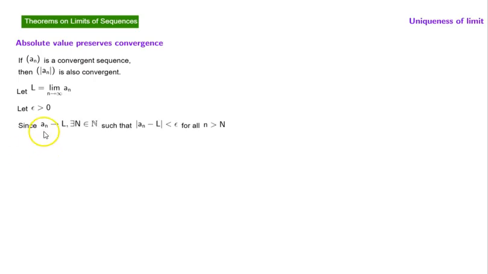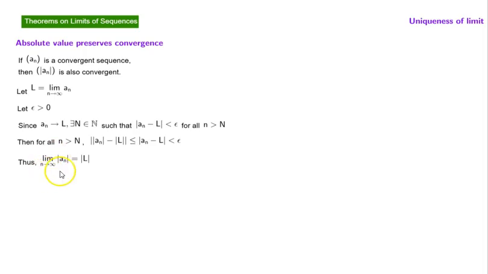Since a sub n goes to the limit, there exists N in natural numbers such that magnitude of a sub n minus L is less than epsilon for all n greater than N. So then for all n greater than N, we have magnitude of a sub n minus magnitude of L is less than or equal to the magnitude of a sub n minus L, which is less than epsilon.